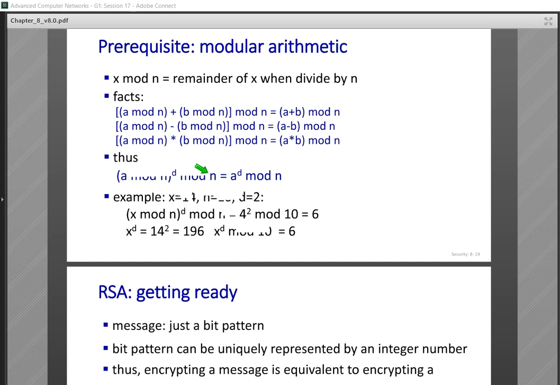And x to the power of d here is 14 to the power of 2, equal to 196, and x to the power of d mod n equals 6.